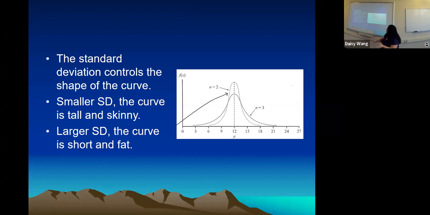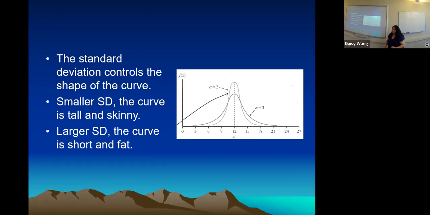So the standard deviation makes the shape different. If the standard deviation is bigger, it's more dispersed and more flat, but if it's smaller, then it's steeper.